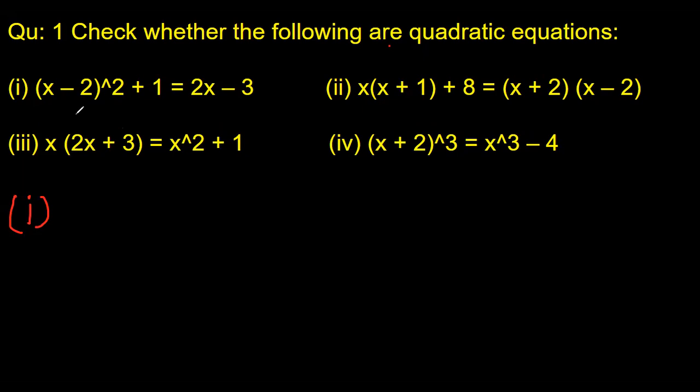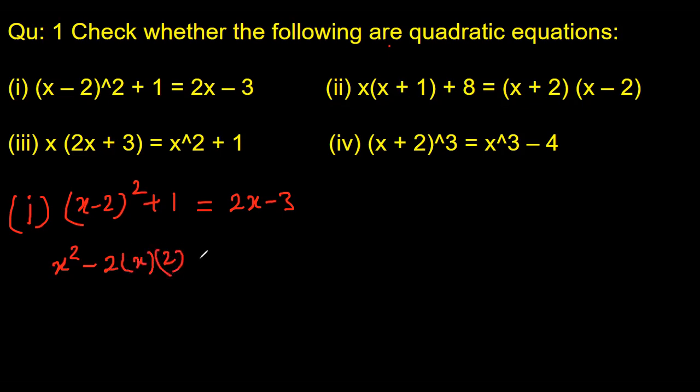When we answer the first one, it's (x minus 2) whole square plus 1 is equal to 2x minus 3. What we need to do is write this in standard form. Now you see here, this is (a minus b) whole square, which is a square minus 2ab, 2 into x into 2, plus 2 square, plus 1 is equal to 2x minus 3.